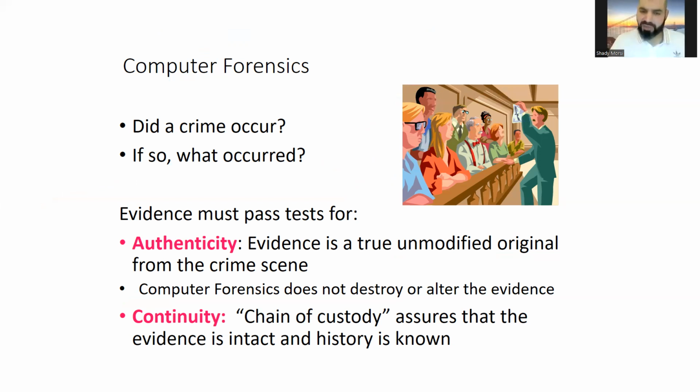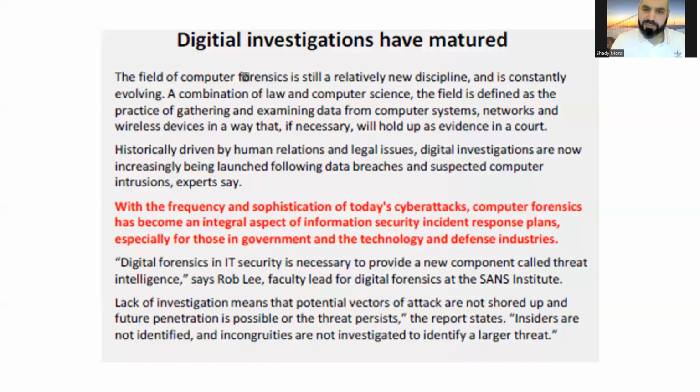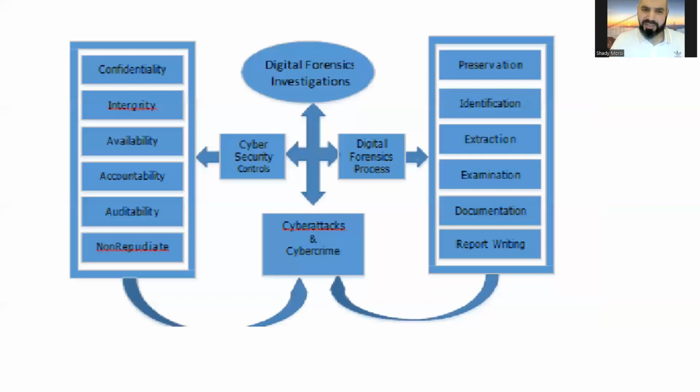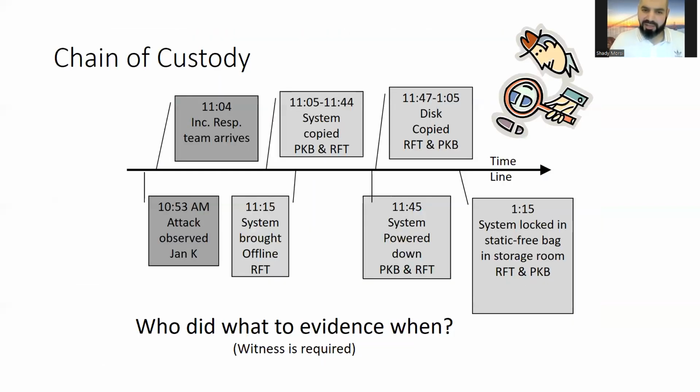So what is a chain of custody? If you allow me to show you, these are 2 important diagrams. I will go back to them later on. The chain of custody is basically that since you start the investigation, every single thing you do with the evidence needs to be dated.